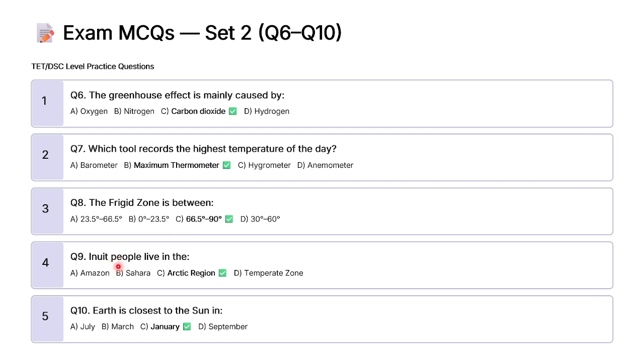So in which area do people live? Amazon, Sahara, Arctic region, or temperate zone? The right answer is the Arctic region. Okay, Earth is closest to the sun in the month of July, March, January, or September. So Earth is closest to the sun in the month of January.